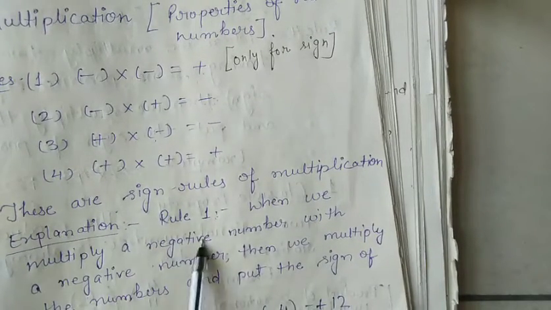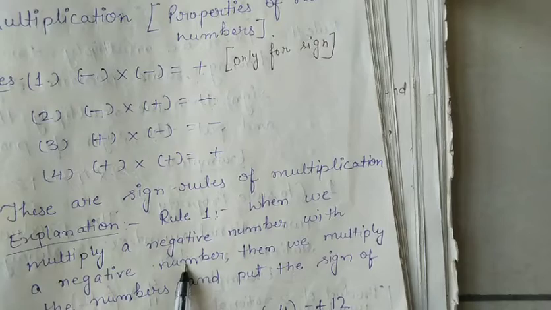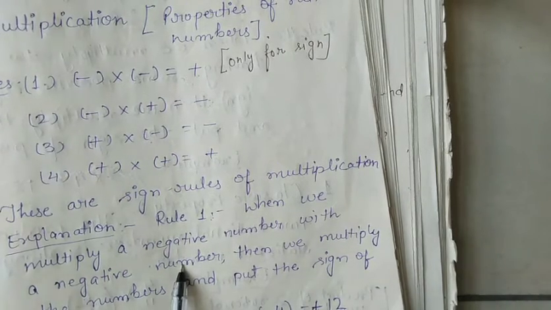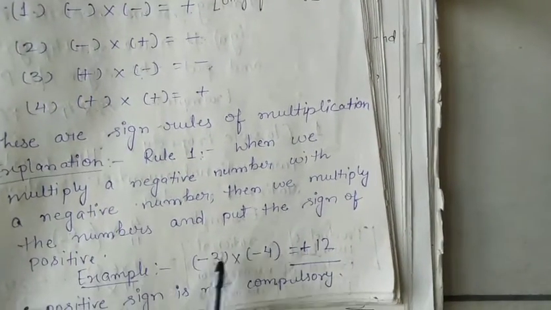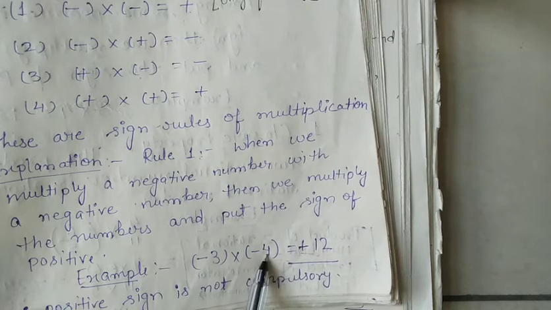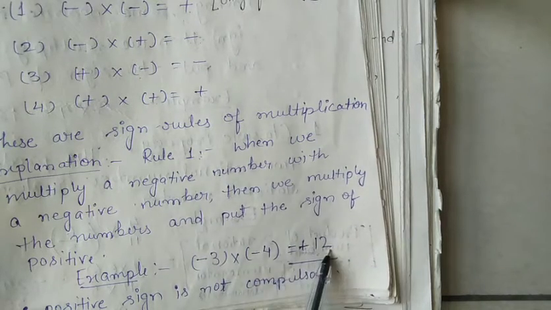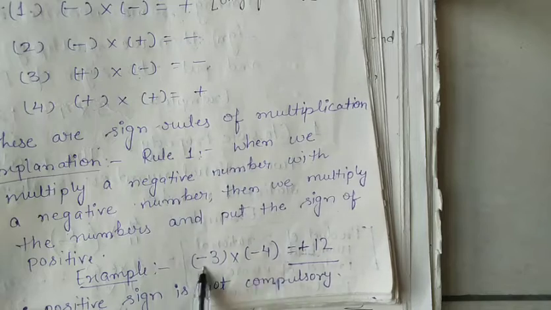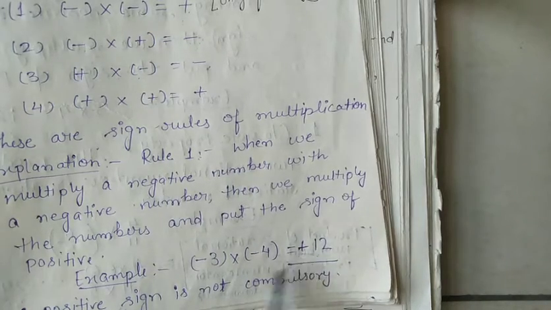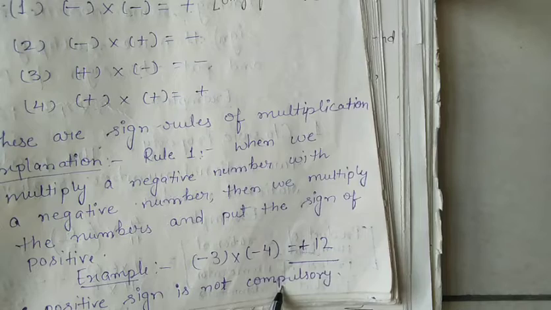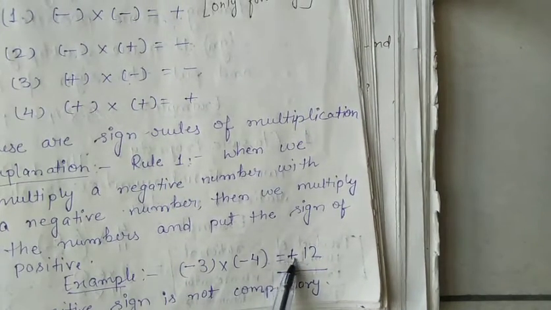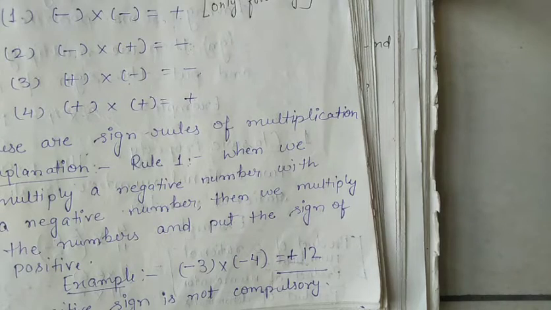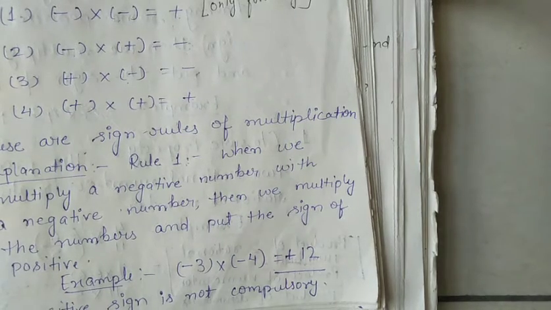When we multiply a negative number with a negative number, then we multiply the numbers and put the sign of positive. For example, minus 3 into minus 4, we have to multiply these numbers. 3 into 4 is 12, and minus into minus, we put the sign of positive. Positive sign is not compulsory. If we don't write the positive sign, it also means the number is a positive number.